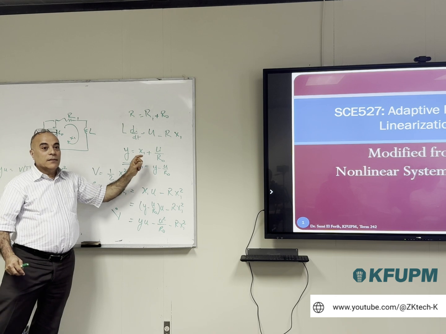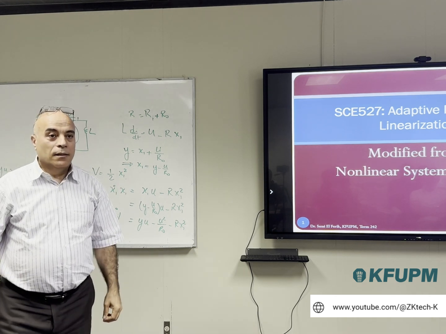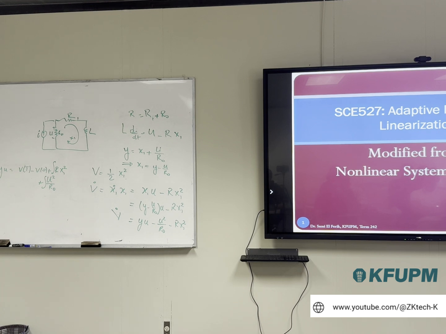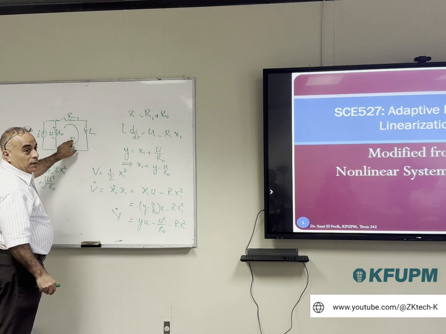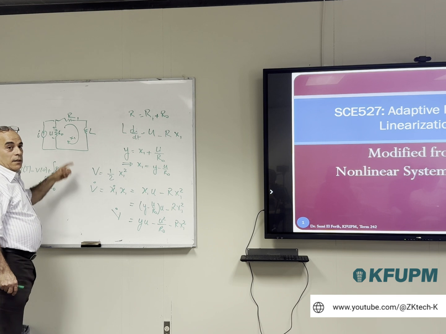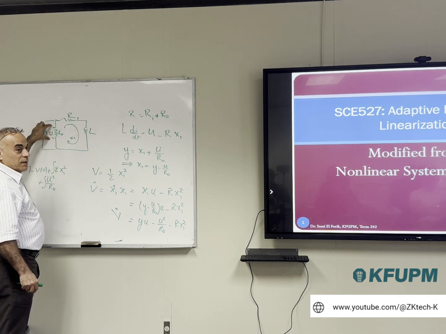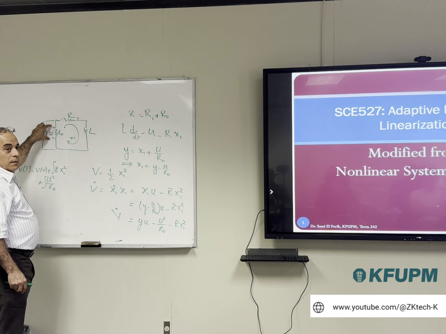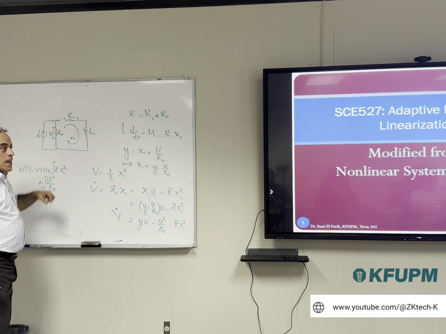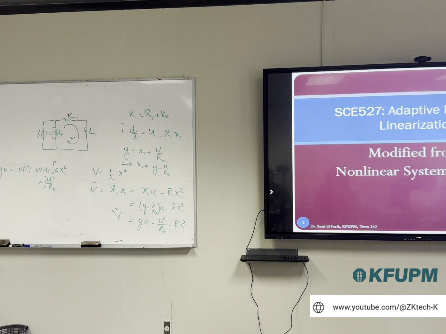So my input is the current, my output is the current circulating here plus the current that we have inside this resistance, which is u over R0. But x1 plus u over R0 is equal to I, the input current. So we have to control the source of current. This is what it will be.